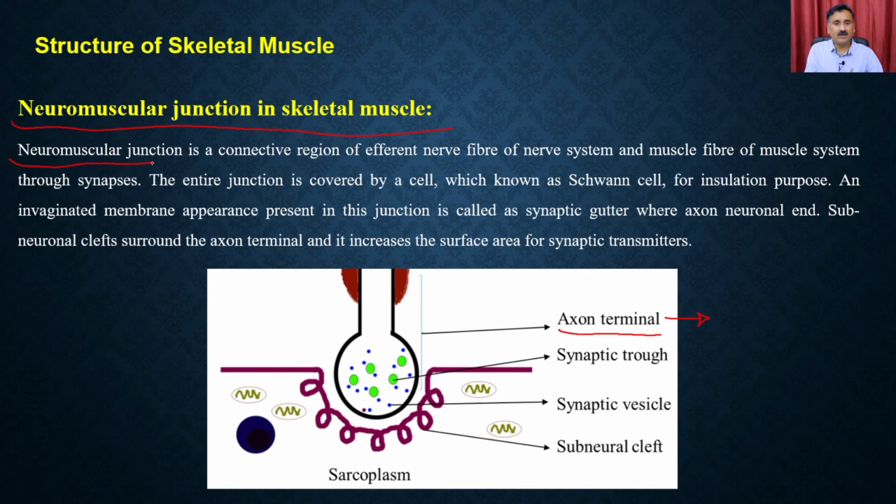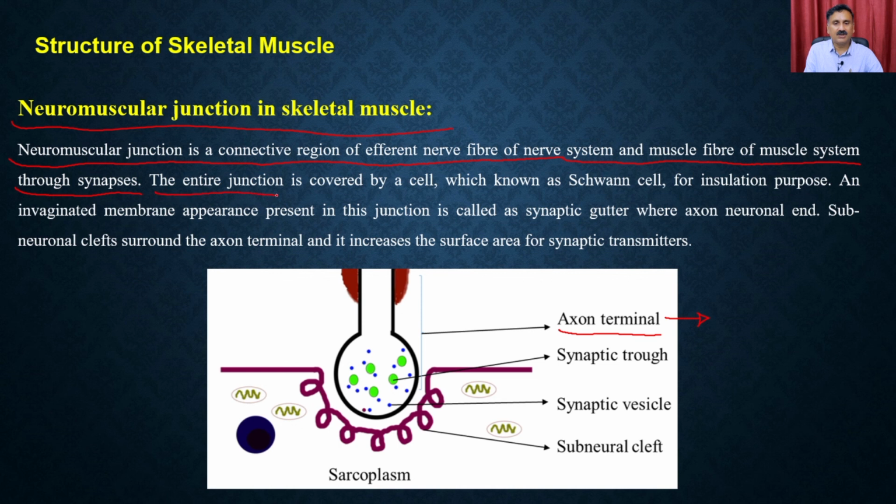The neuromuscular junction is a connective region of the efferent nerve fiber of the nervous system and the muscle fiber of the muscular system through the synapses. So, this is the region where they both crosstalk to each other. That is how they provide the neurotransmitters, and these neurotransmitters give the signal to the muscles. These are called the synapses, the places where you have the communications.